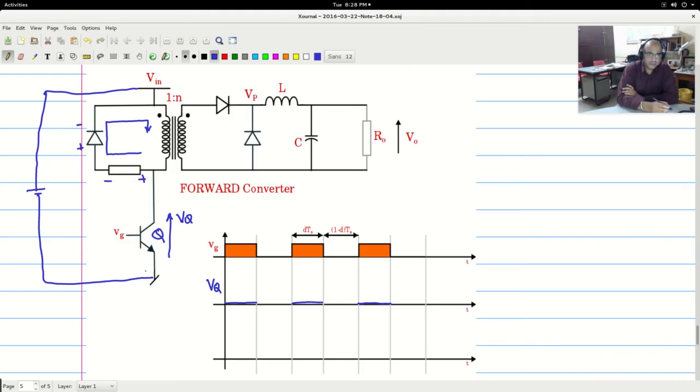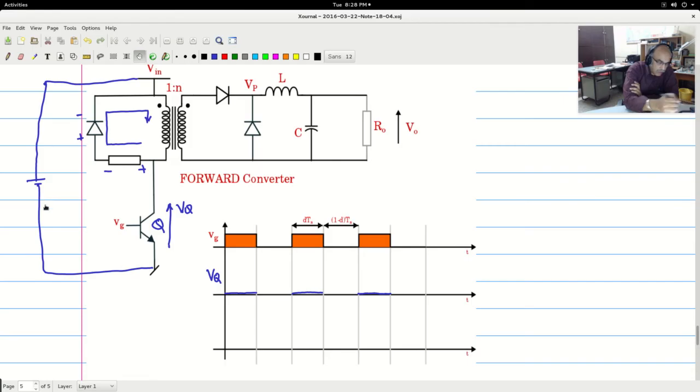So if you look at the Kirchhoff's loop along this path, the voltage you see across this when it is off is this R drop, diode drop, and the Vin value.